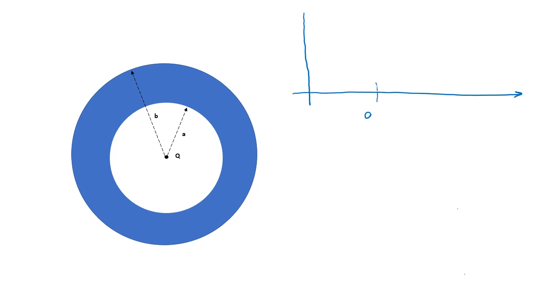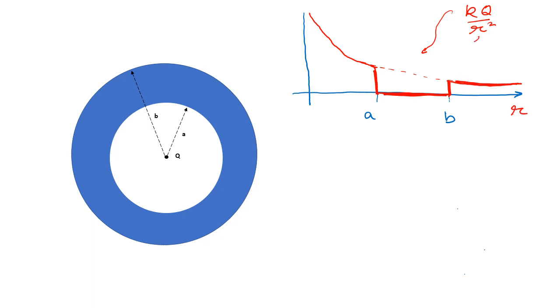We have a boundary A and a boundary B. Electric field inside is like a point charge, and let's say this line which I have drawn is that of KQ by R square, like a point charge up to point A, and at that place it drops down to 0. Electric field in this conductor is 0, and then it starts following the same line again.